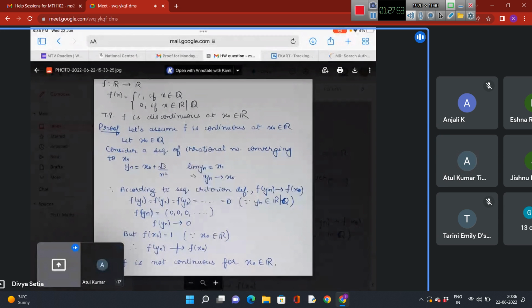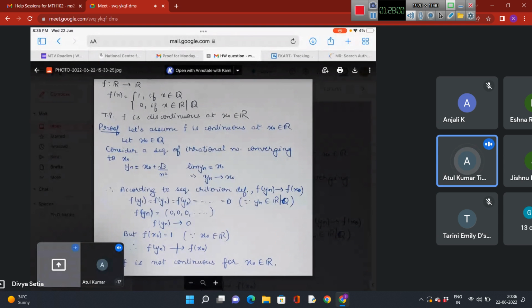Yeah, but then how will you find that delta? There are infinitely many rational points. This is the point where I got stuck.